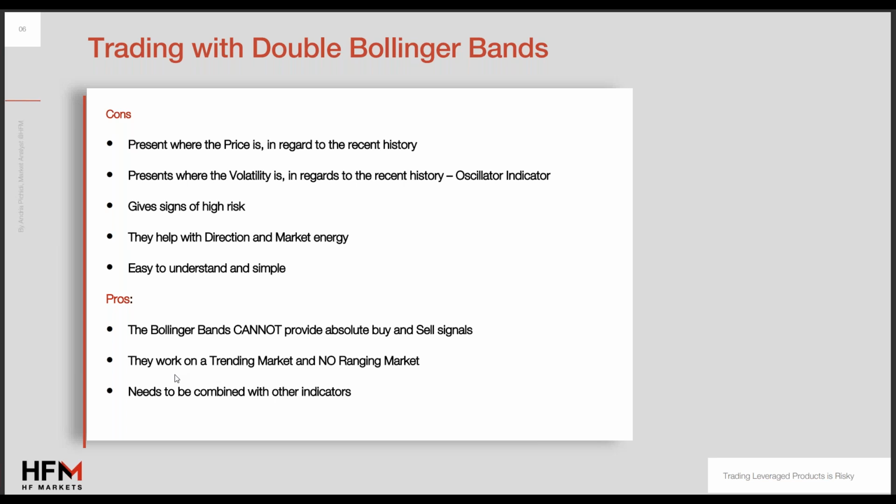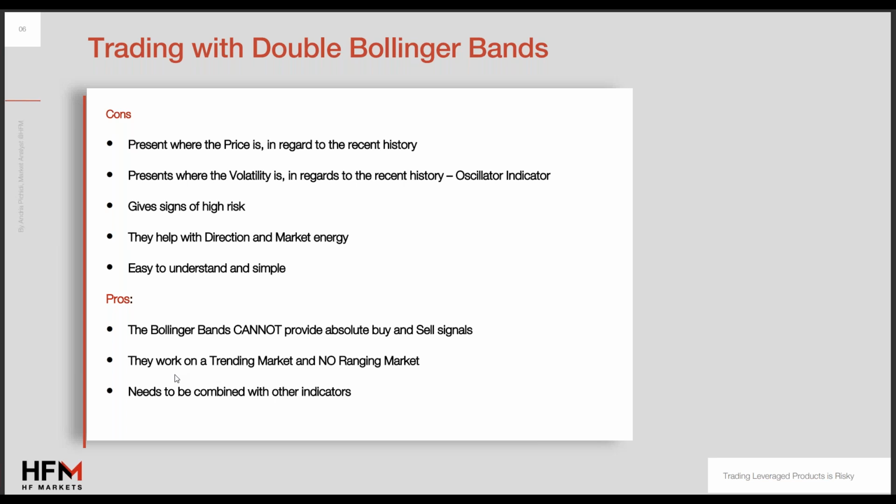Okay. Very, very briefly, some pros and cons of Bollingers. First of all, one of the benefits of using Bollingers is the fact that it spots volatility. It's an oscillator, okay?